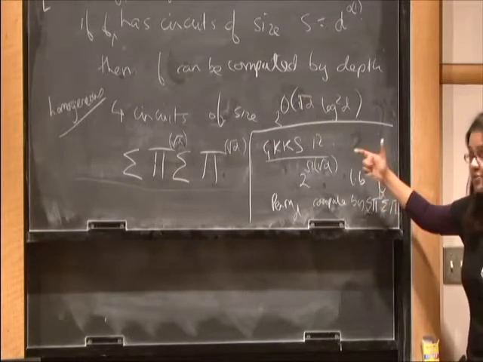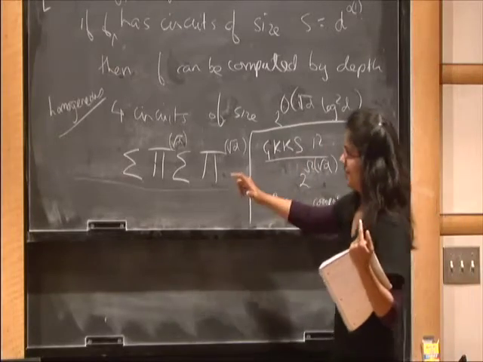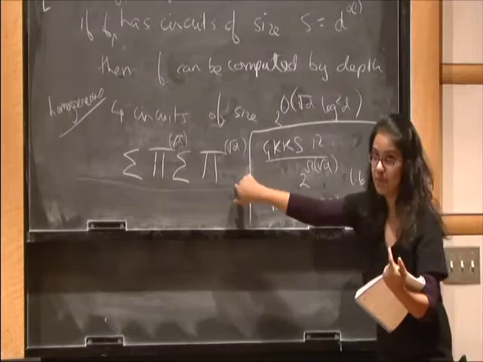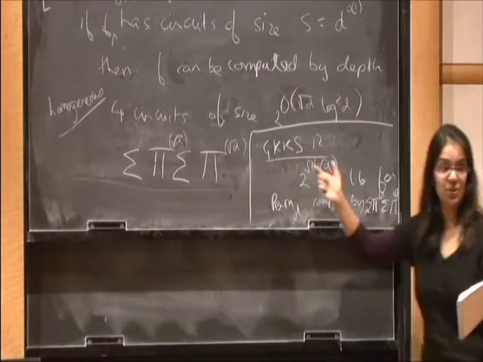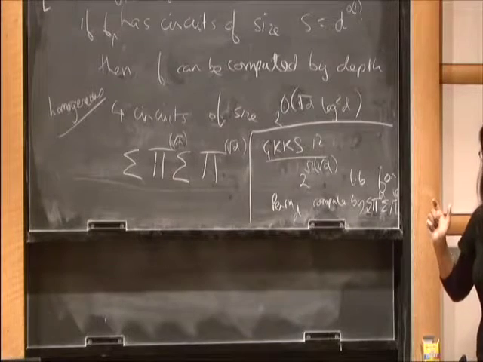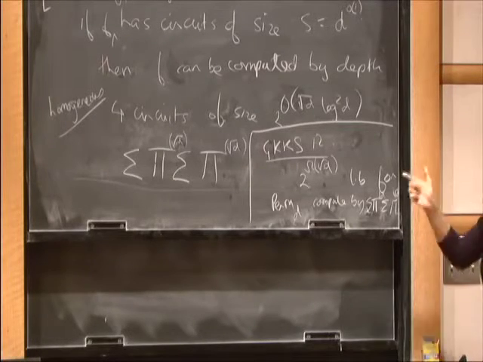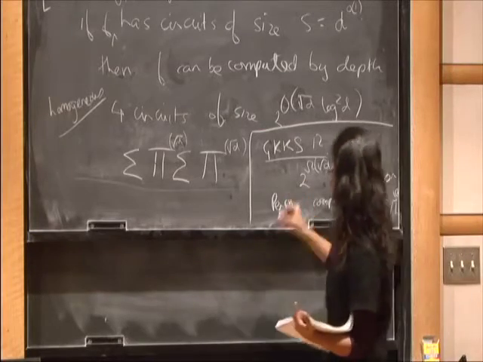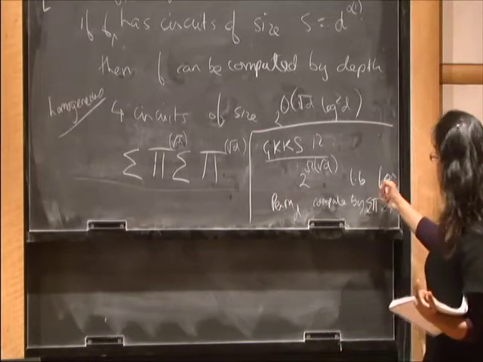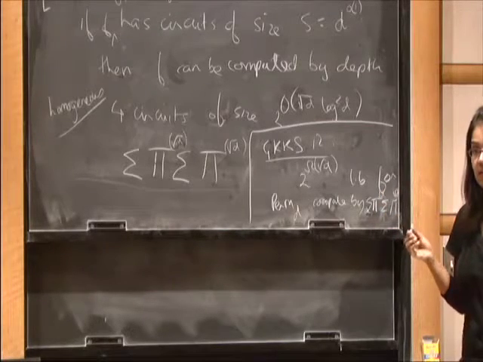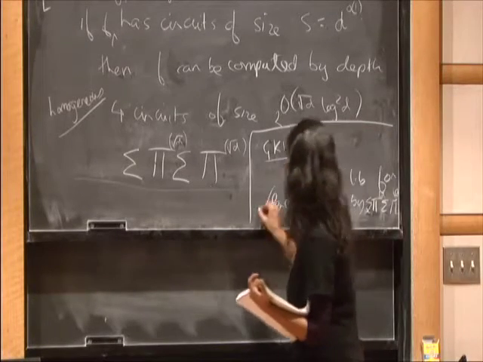So either if you improve the lower bound even slightly, or this upper bound here even slightly, it seems that you would have some pretty drastic consequences for general circuits. As Avi pointed out, what they also show is that this 2 to the root d lower bound for the permanent also works for the determinant.